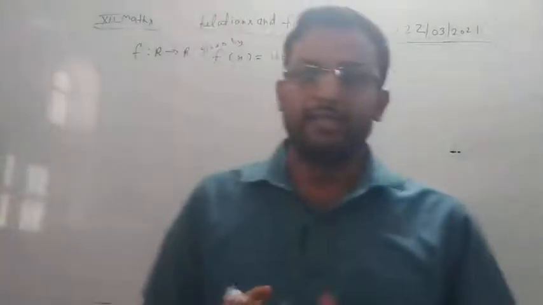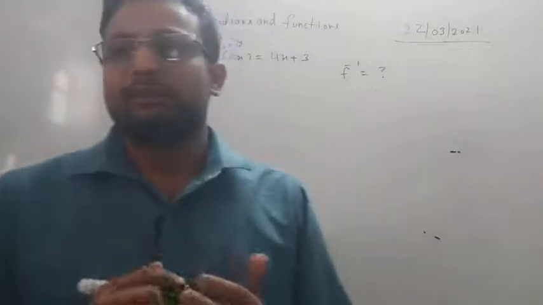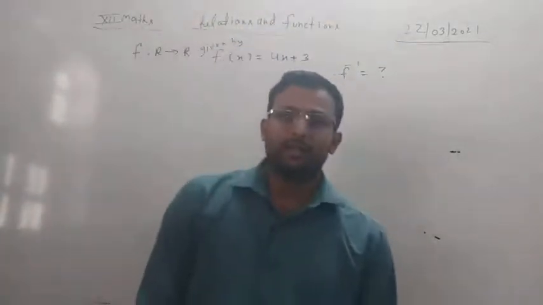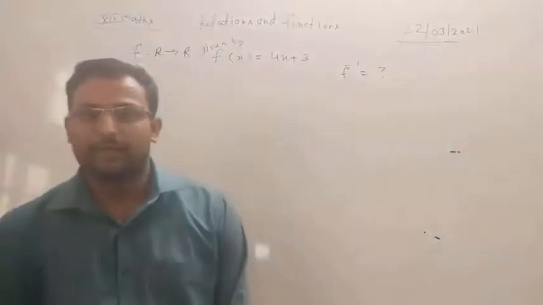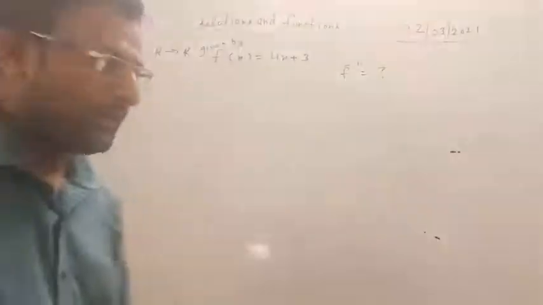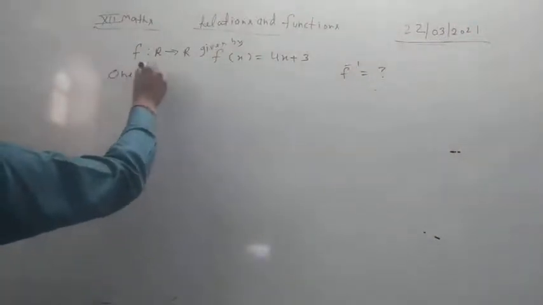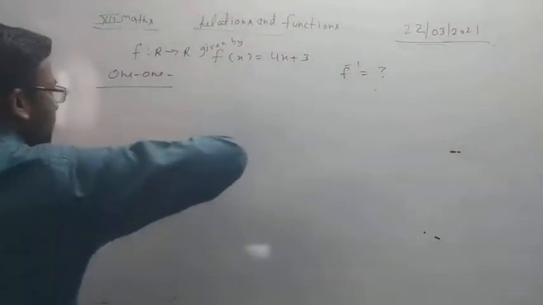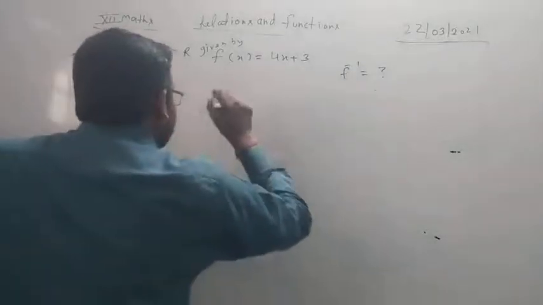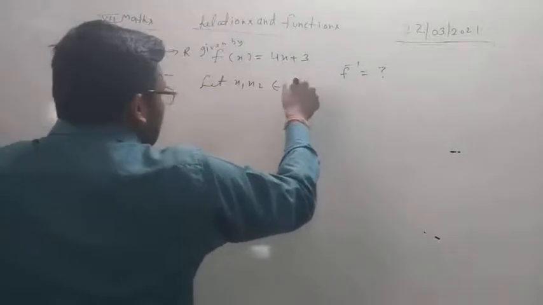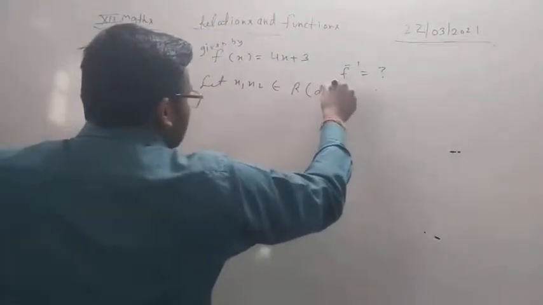You know, students, the inverse of a function exists only when the function is invertible, that is, the function is bijective, that is, the function is one-one and onto. So first of all, we prove that the given function is one-one and onto. For checking one-one, let x1, x2 belong to R, the domain.